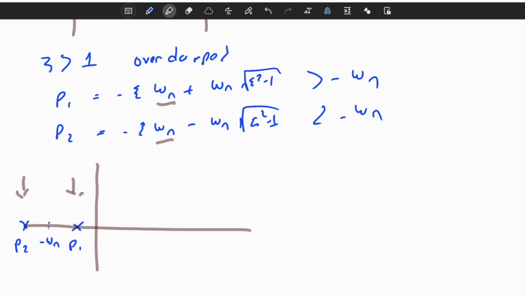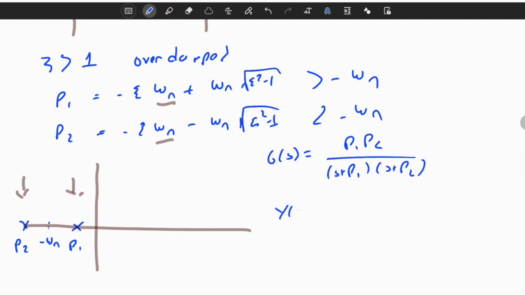So why? Let's find the output and try to better understand the response. If we rewrite g of s in terms of p1 and p2, it will be equal to p1 times p2 divided by s plus p1, s plus p2. If you compute y of s, it will be equal to 1 over s times this quantity.